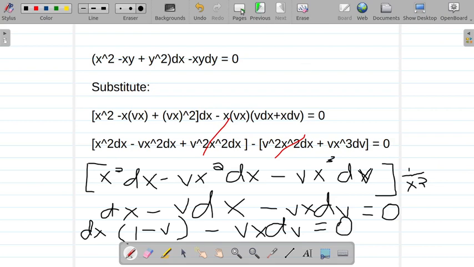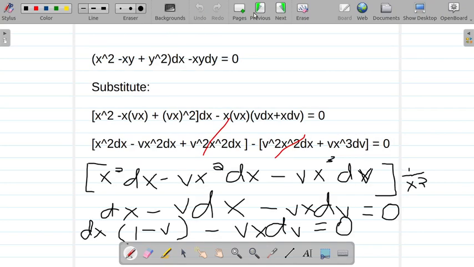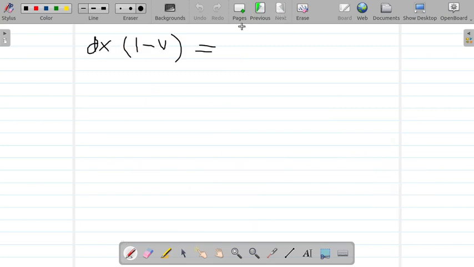Or, we can write this equation into dx 1 minus v is equals to vx dv.